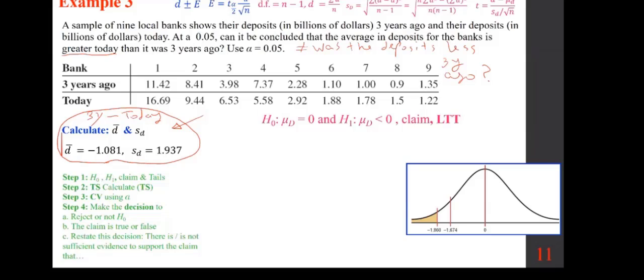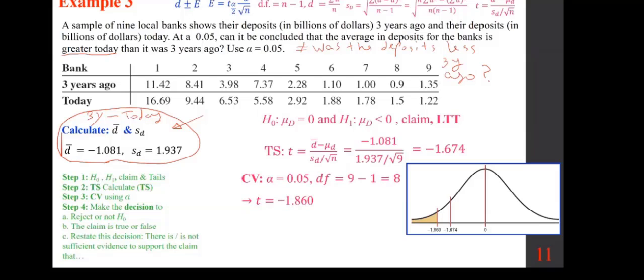Having said that, the next thing is to calculate the test statistic. You see the formula at top, you plug in. So we get negative 1.674. And the critical value comes from the choice of alpha, which is 0.05, and degrees of freedom, which is n minus 1, 9 minus 1, or 8.